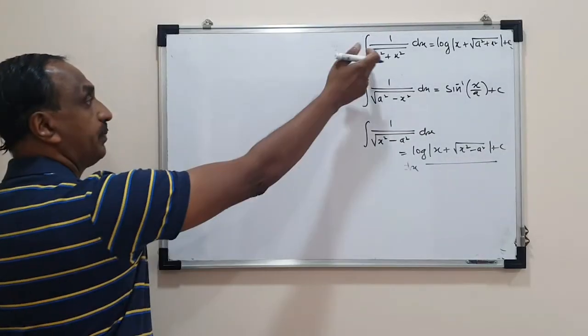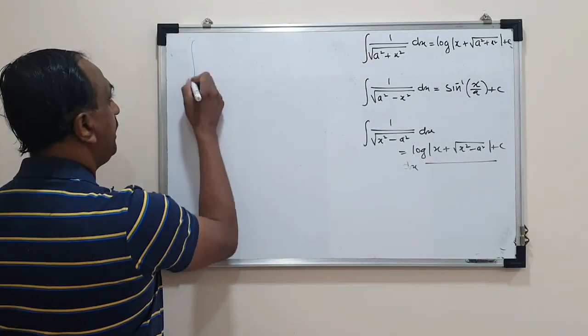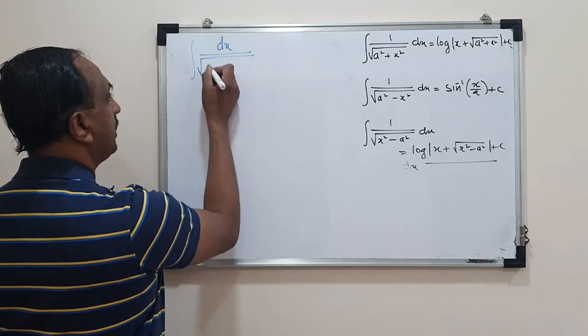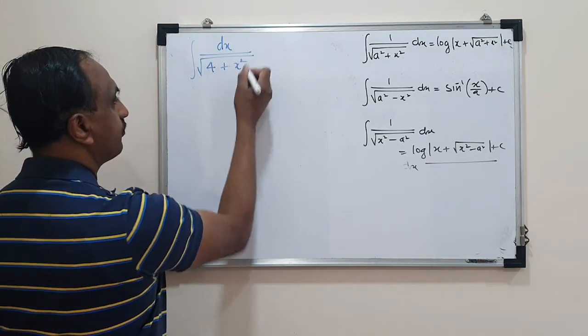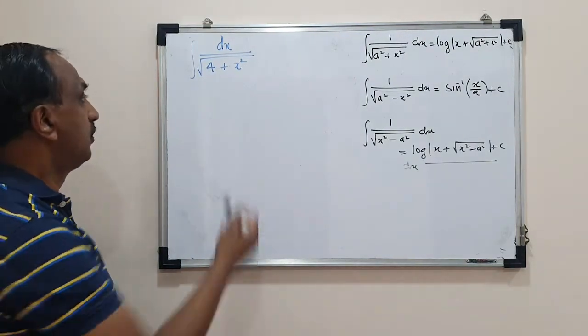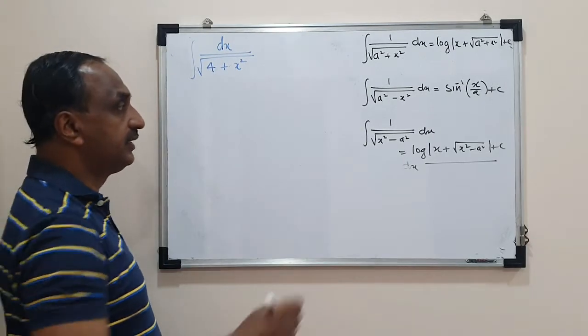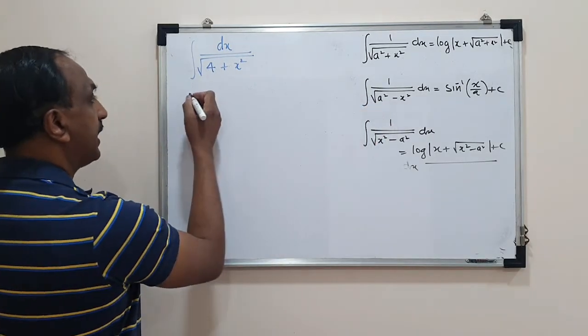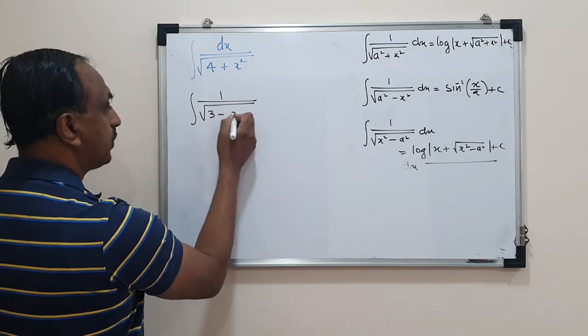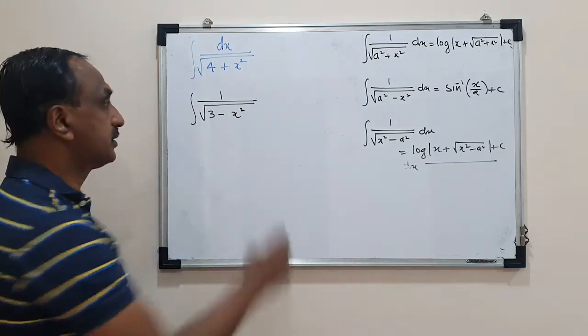Now let's learn how to apply this formula. Integral dx upon root of, let's say, 4 plus x square. First ask the question, is it sine inverse? What is the derivative of sine inverse? Derivative of sine inverse will have a negative sign. So if it is 1 upon root of 3 minus x square, this would be sine inverse.